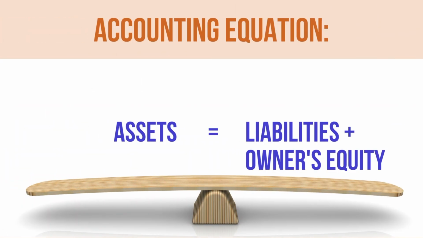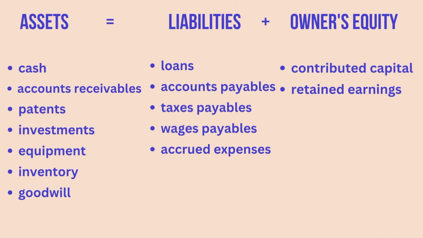Think of the accounting equation as a balance scale. On one side, we have assets, which are everything the company owns, like cash, accounts receivables, patents, investments, equipment, inventory, and goodwill. On the other side, we have liabilities and owner's equity.